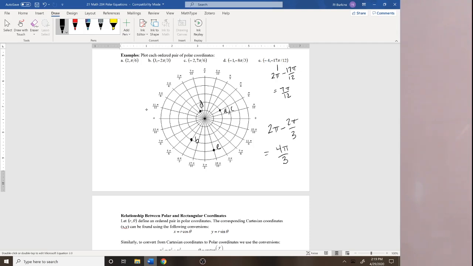Now, first off, radius of 3 means we are somewhere along this circle. And then angle of 4 pi over 3. So I go around, I see 2 pi over 3. There's 4 pi over 3.